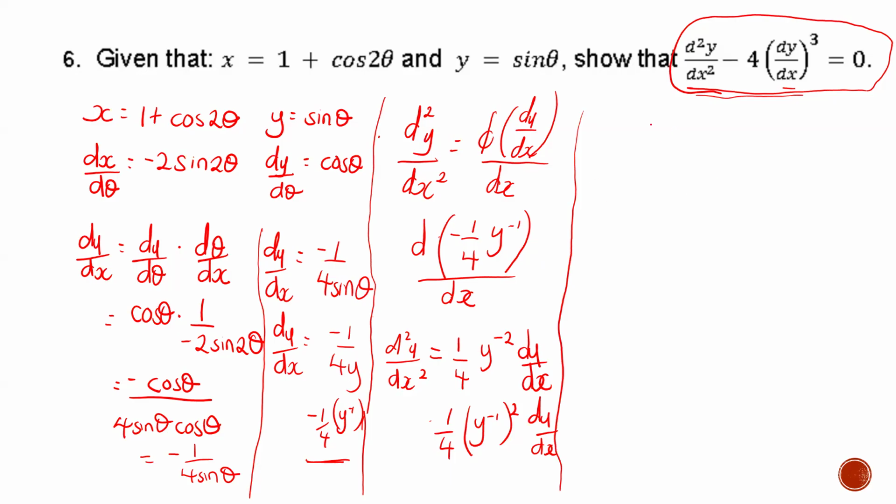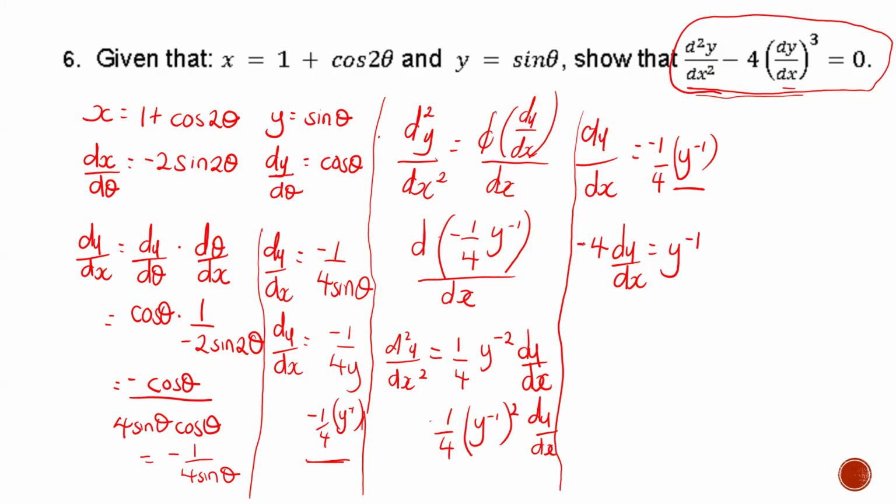Okay, so our expression where we had dy dx is equal to negative 1 out of 4 y to the power negative 1. I'm going to make y to the power negative 1 the subject so that I replace it somewhere here, because we're still looking at our question. So this will give us -4 dy dx is equal to y to the power -1, right?